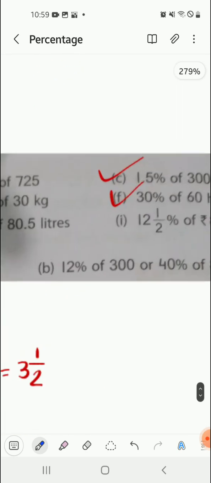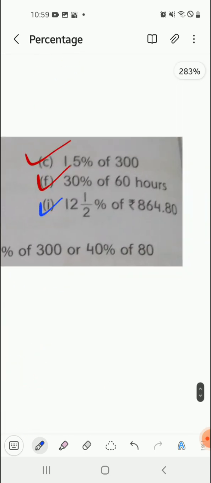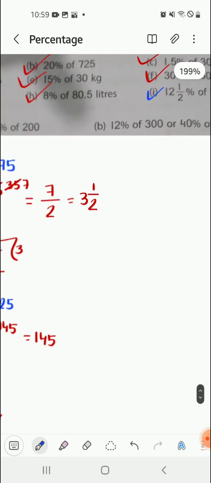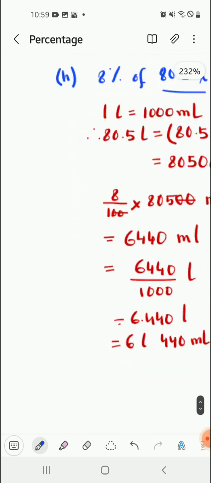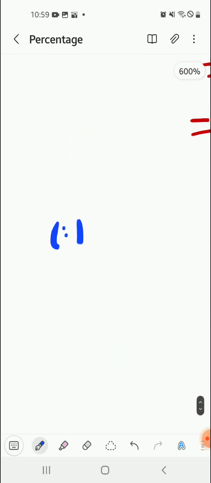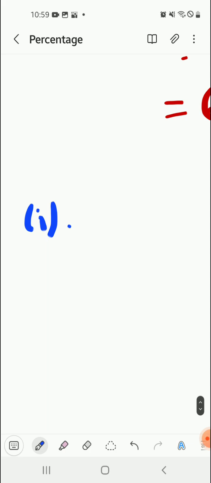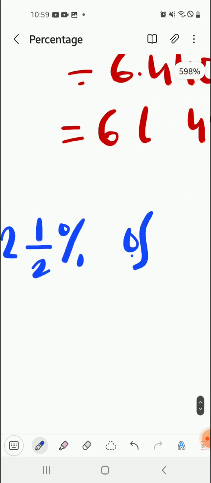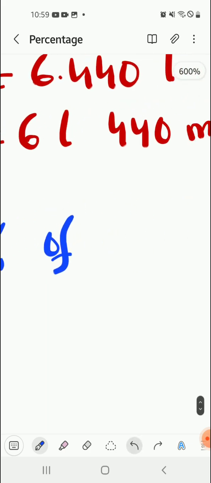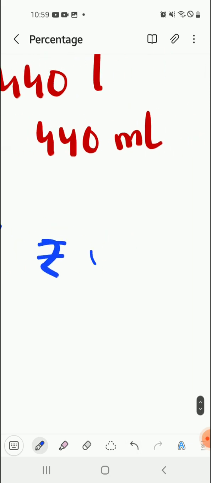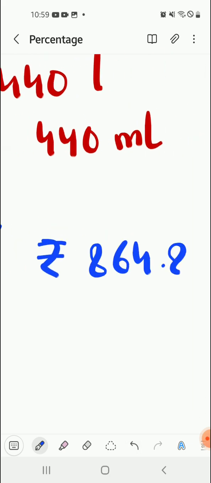The last one, 12.5% of 86480.80 rupees. Okay, so let's do it. 12.5% of rupees 86480.80.